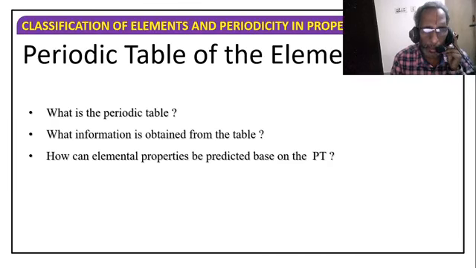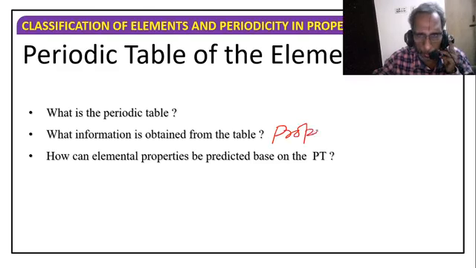So, the periodic table. What is the periodic table? The periodic table is the array of elements in the increasing order of their atomic numbers, distributed in the form of horizontal rows of elements called periods and vertical columns of elements called groups. What information is obtained from the periodic table? Properties of the elements.